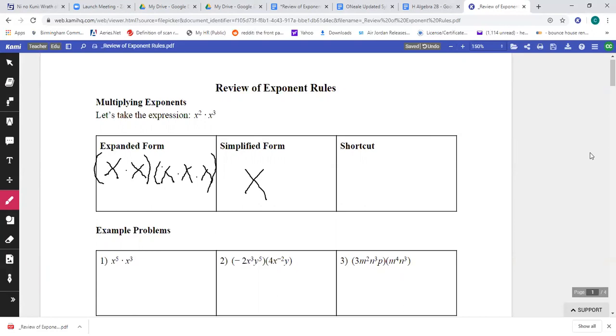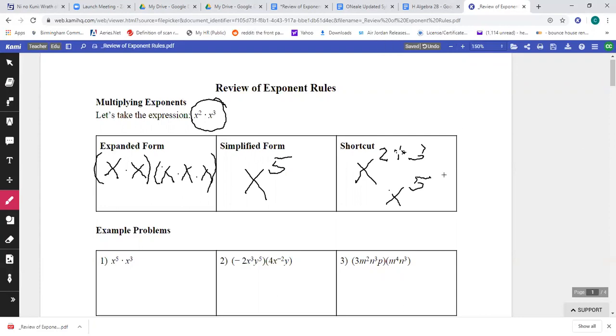This is x to the fifth. And so if you remember the shortcut, all you really have to do when you are multiplying exponents is you just add the exponents on top, and so this becomes x to the fifth, right?